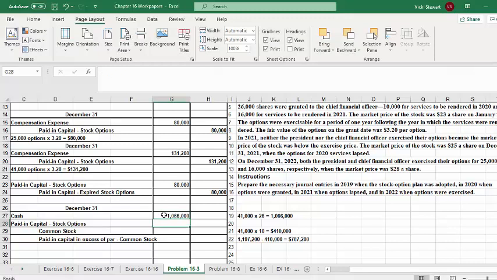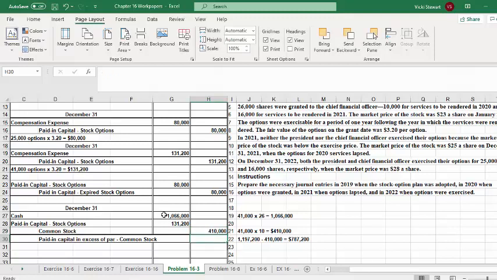And then we debit the paid-in capital stock options that we recorded for the compensation expense, which was $131,200, and then we issue them the stock. The problem stated that the par value was $10 per share, so 41,000 times $10 would be a credit to common stock of $410,000.